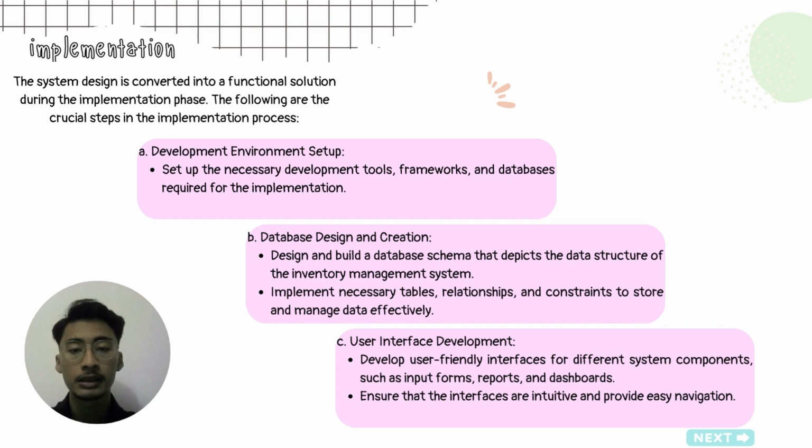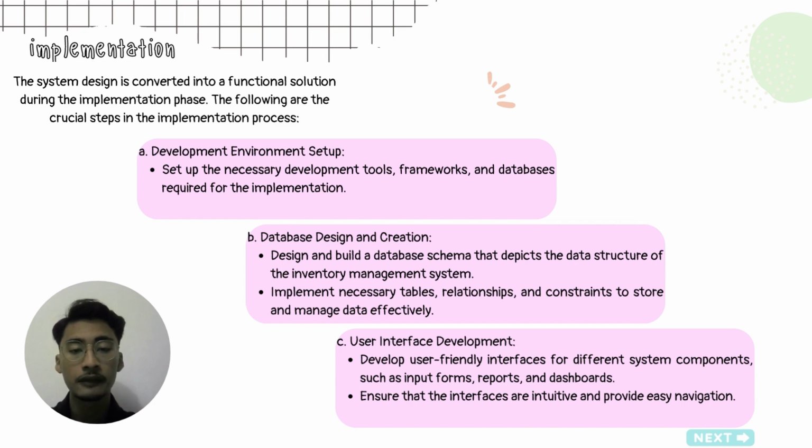B is database design and creation, which is to design and build a database schema that depicts the data structure of the inventory management system. Implement necessary tables, relationships, and constraints to store and manage data effectively.